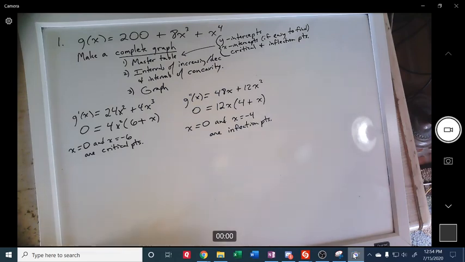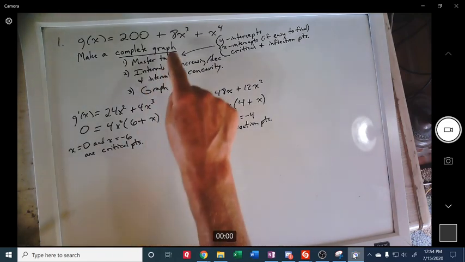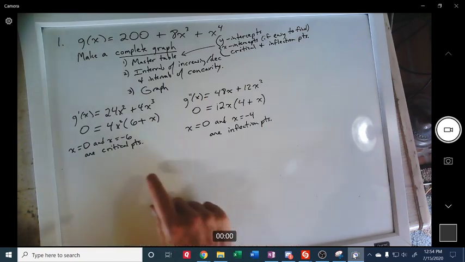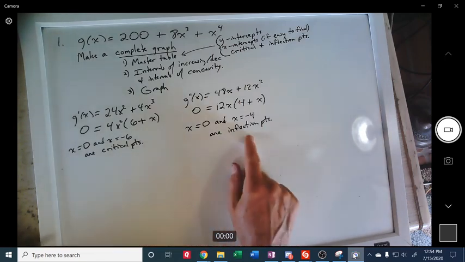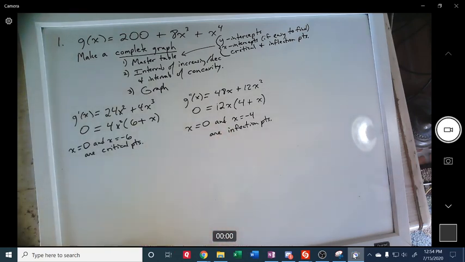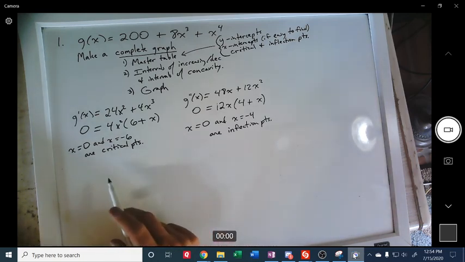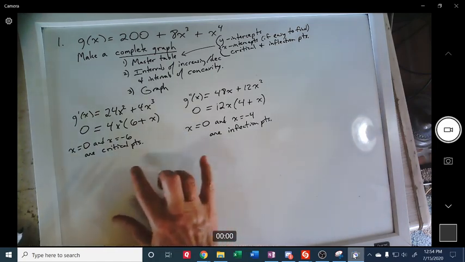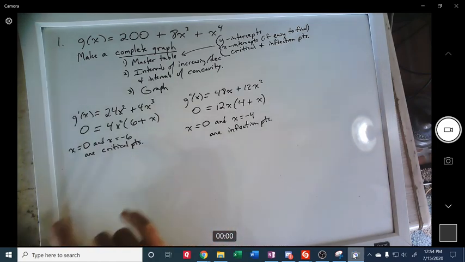Now notice this function, being a polynomial function, wasn't going to give us any of the harder critical points or inflection points where the derivative doesn't exist. Then we are starting from this information.